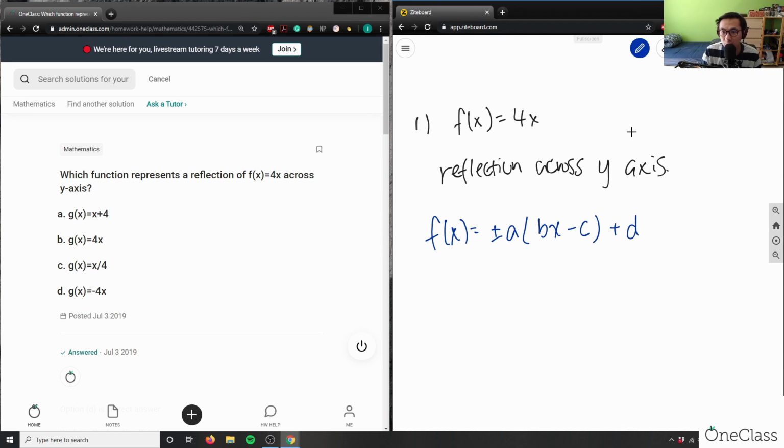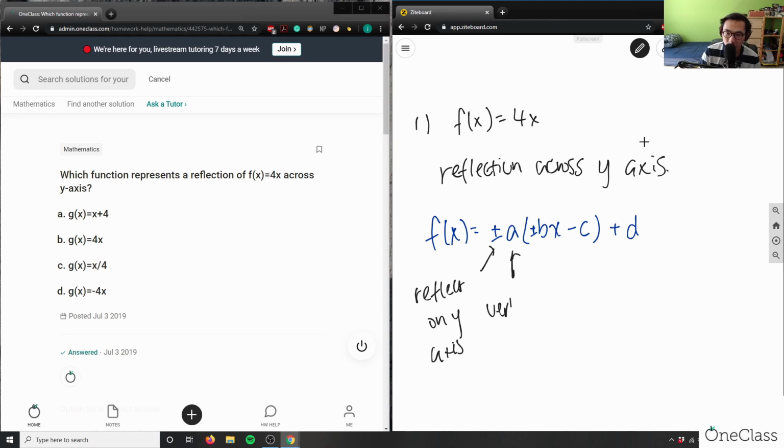The plus or minus here just means a reflection across the y-axis. Let me write this down here. This is a reflection on the y-axis.